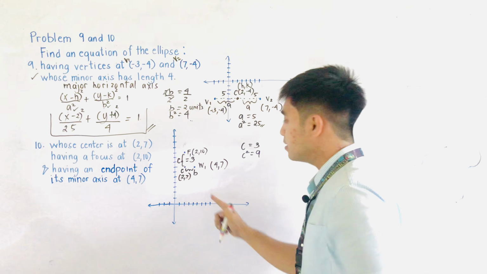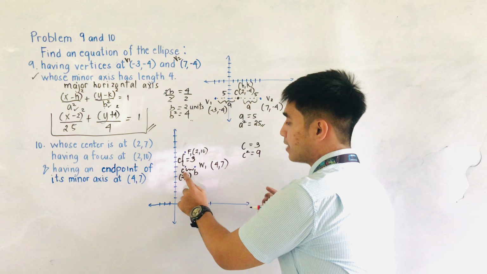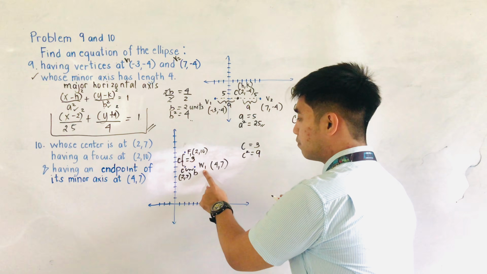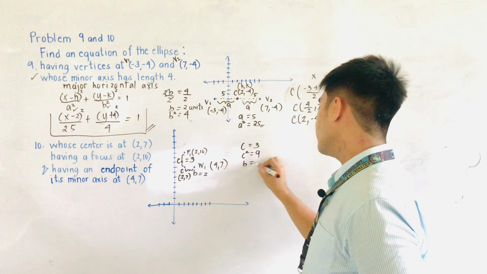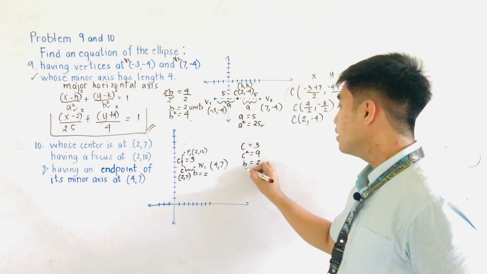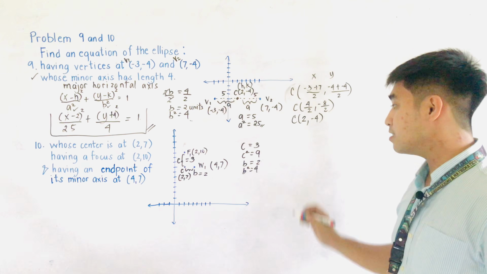And from this one, this is (2, 7), and this becomes (4, 7). Therefore, the distance from the center going to one point of the co-vertices, b, is equal to 2. If b is equal to 2, therefore, b² is equal to 4. Let us now try to solve for a².